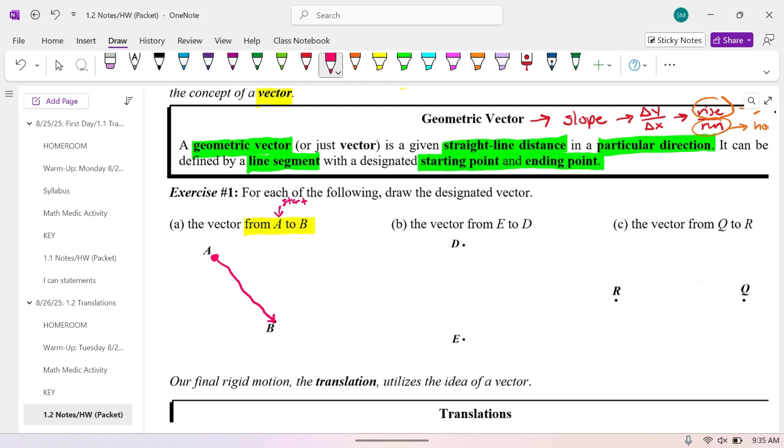With vectors, it's all about the direction. That's the difference between a vector and just a line segment. It has a specific direction. It means I know for a fact that I'm starting at A and going to B. Whereas if I just gave you a line segment, we don't know where it started.